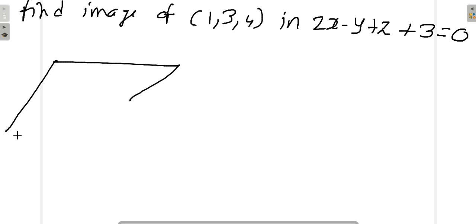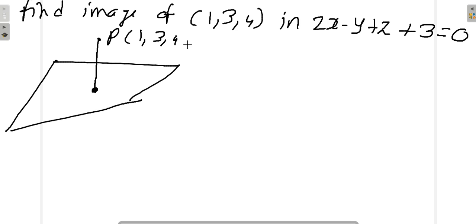This is the plane. This is the point, say P. Let this be the point M lying in the plane. And suppose the image is given by point Q, so that PM and MQ must be the same. The point M lies on the plane, and obviously as you want to find the image, PQ is normal to the plane.